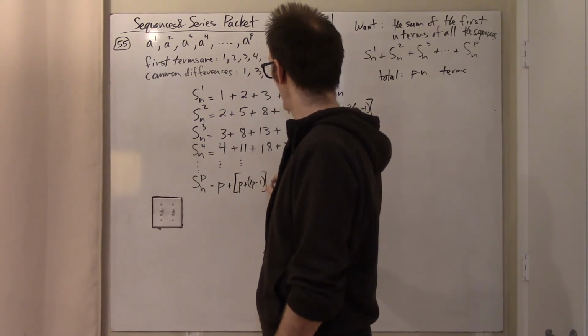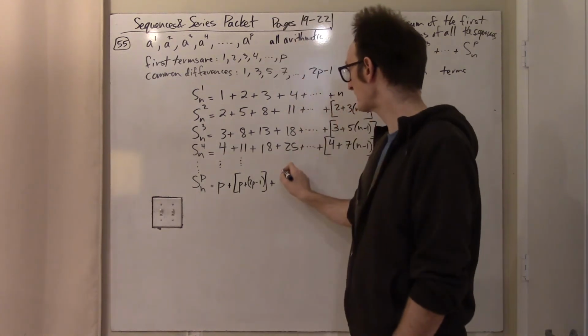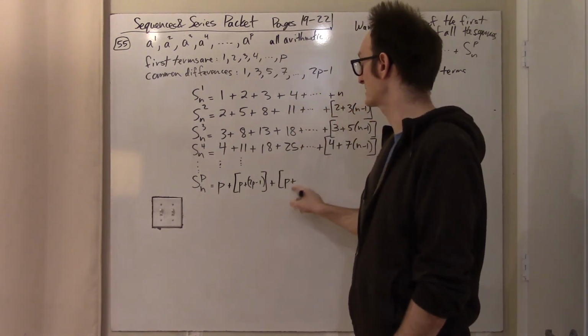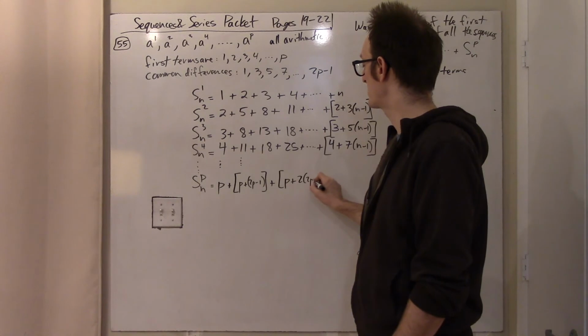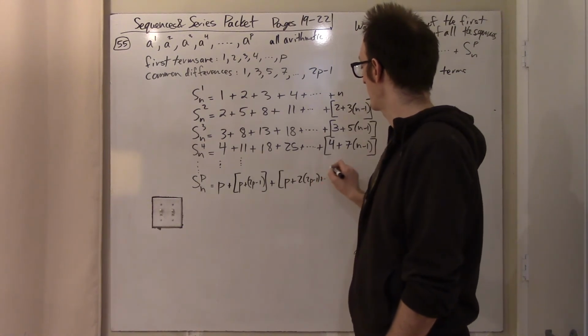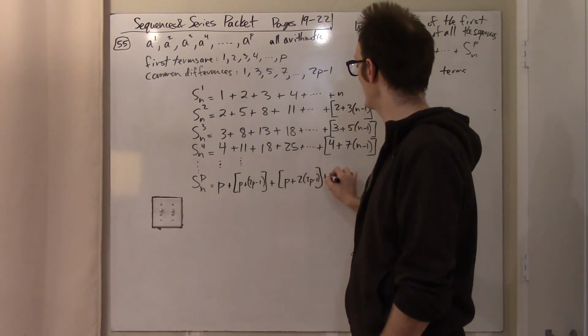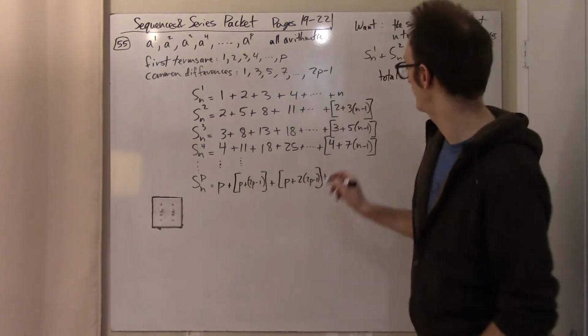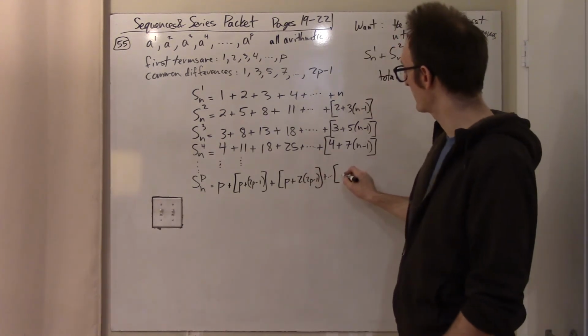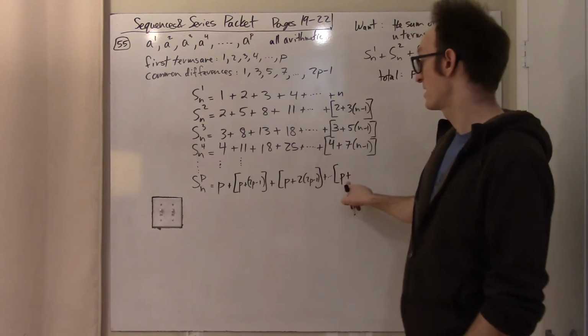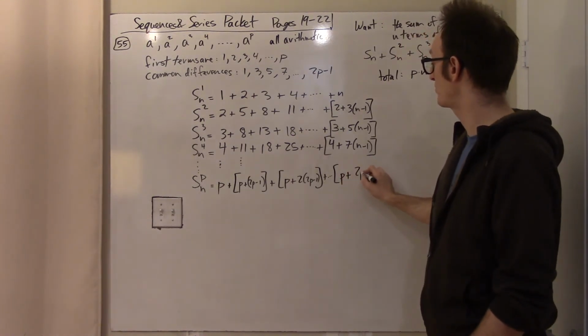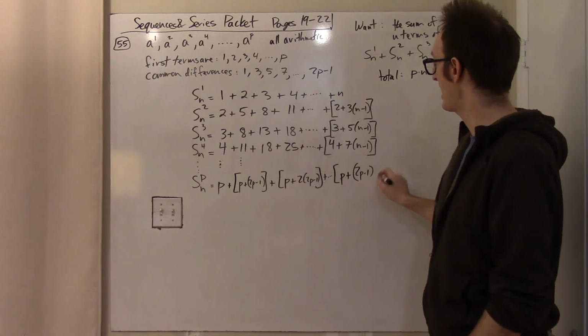And then, what's the next term? It's going to look like p plus 2p minus 1 plus 2p minus 1. And we're going to go all the way out till we hit the last term, which is of the form p plus, the common difference is 2p minus 1.